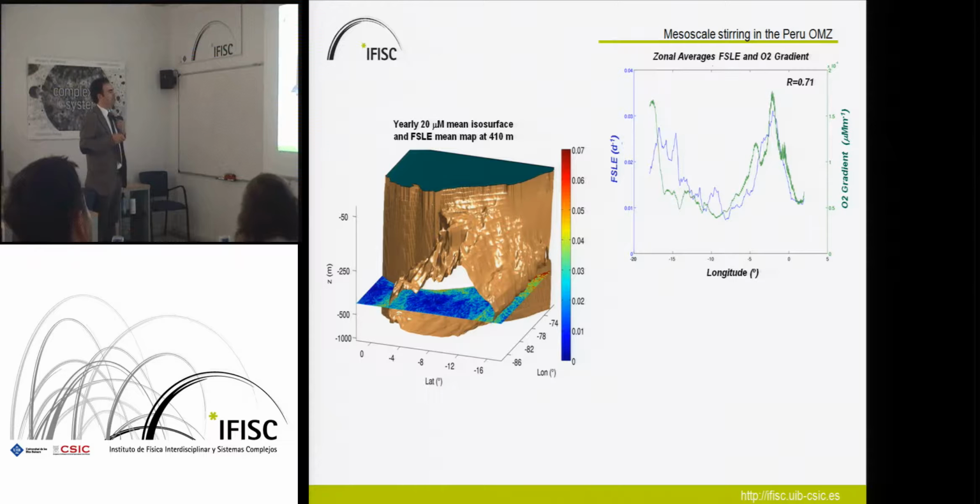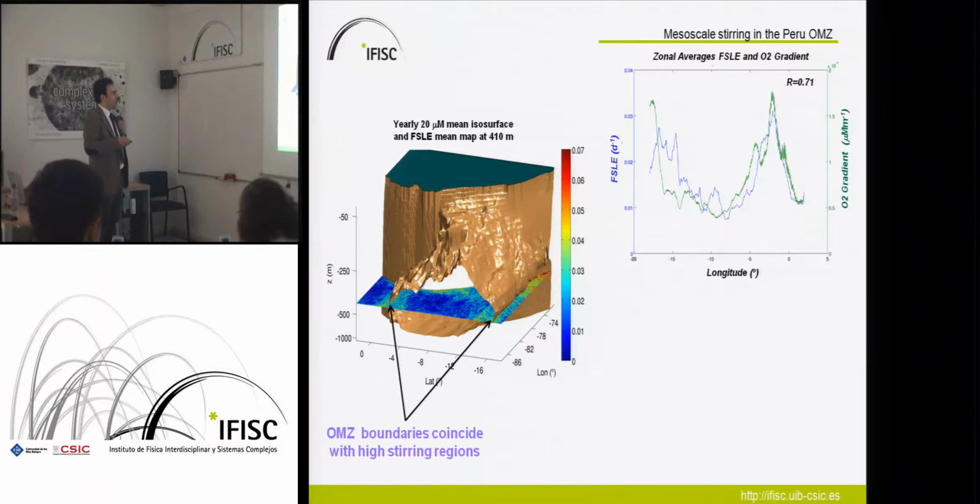So this would be the average boundary of the OMZ. Here we define the OMZ as being where you have oxygen concentrations less than 20 micromolar. So this would be the three-dimensional OMZ here inside, and here we have an FSLE horizontal map, and you can see that the OMZ boundaries coincide fairly well with these high stirring, high FSLE regions.